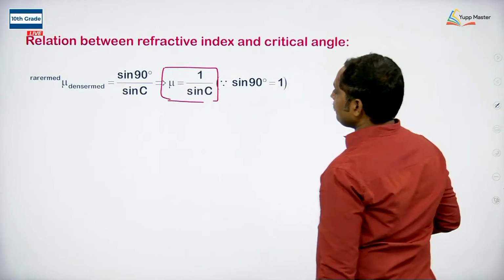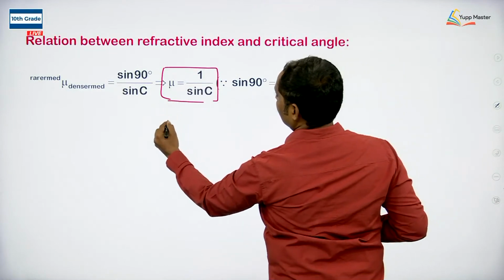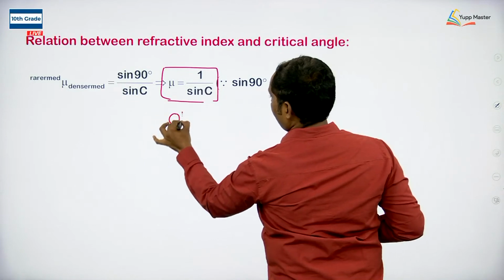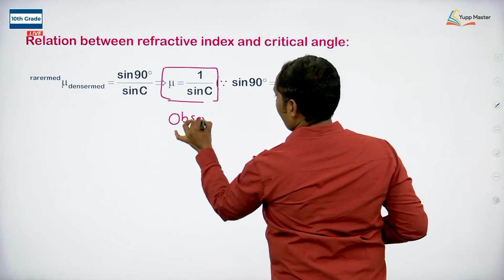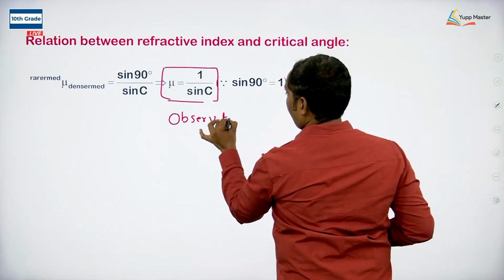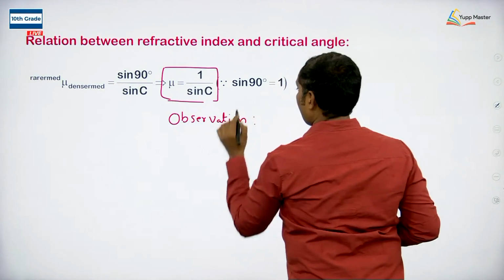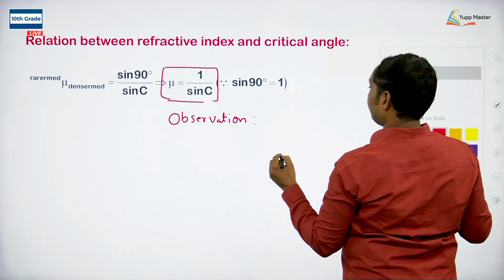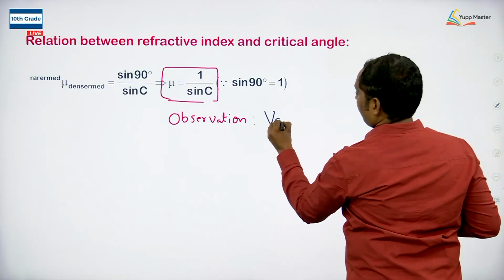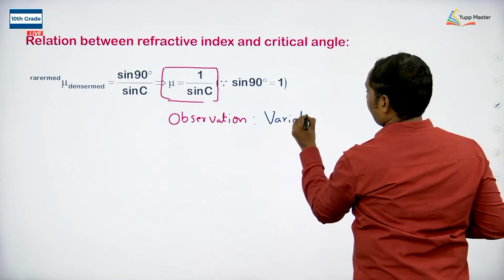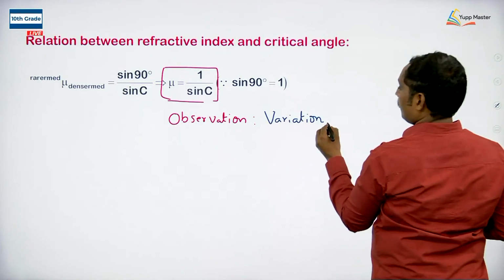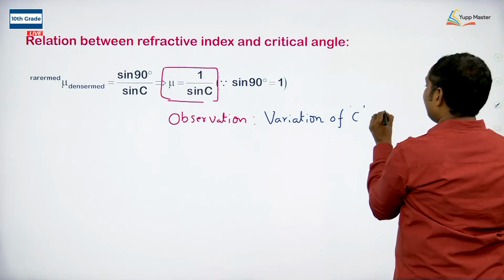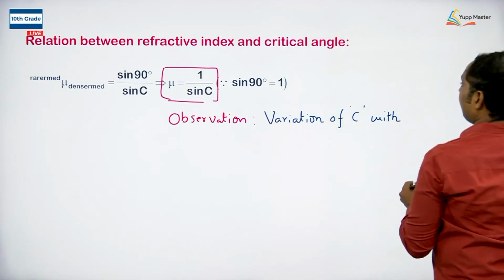Now, you are going to get the observation: variation of C with mu.